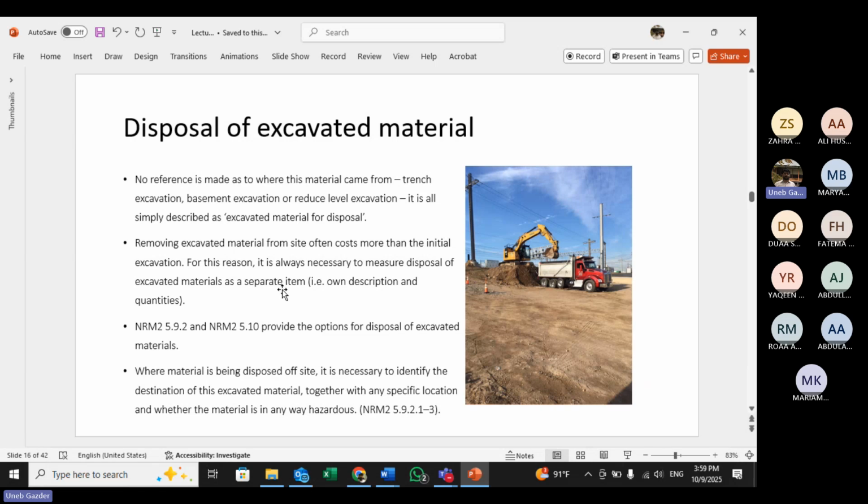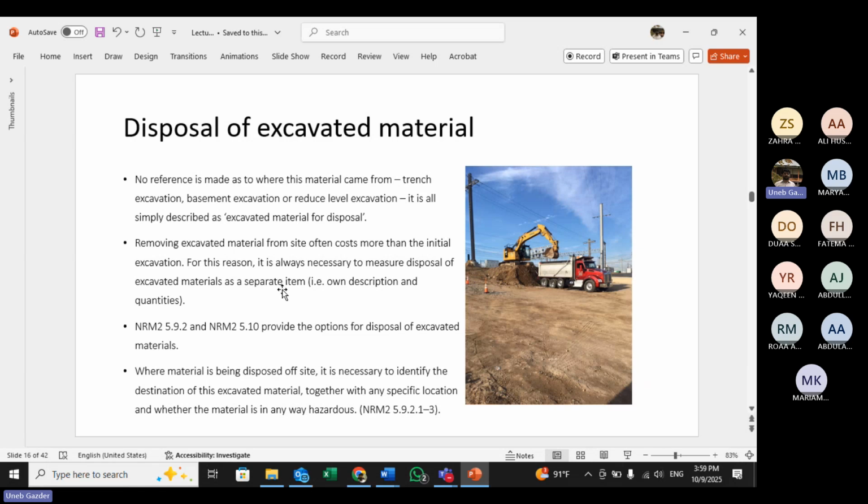So there are multiple options given in NRM2 to dispose the material as well. If you are looking to dispose the material off-site, somewhere out of your plot, not on your plot. On your plot is easy. It's allowed and easy.